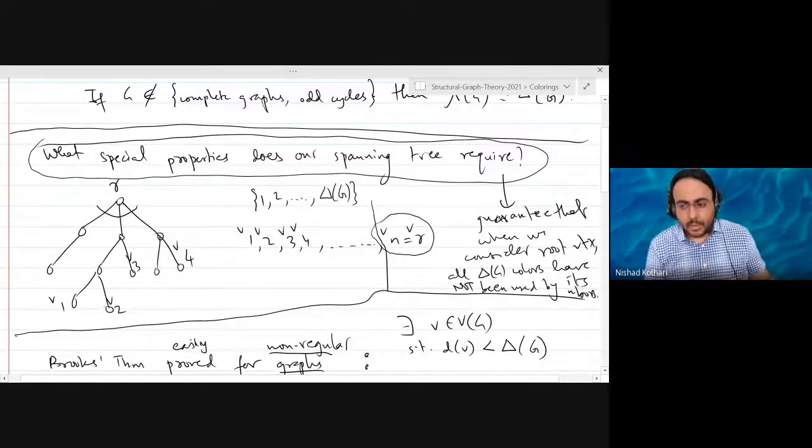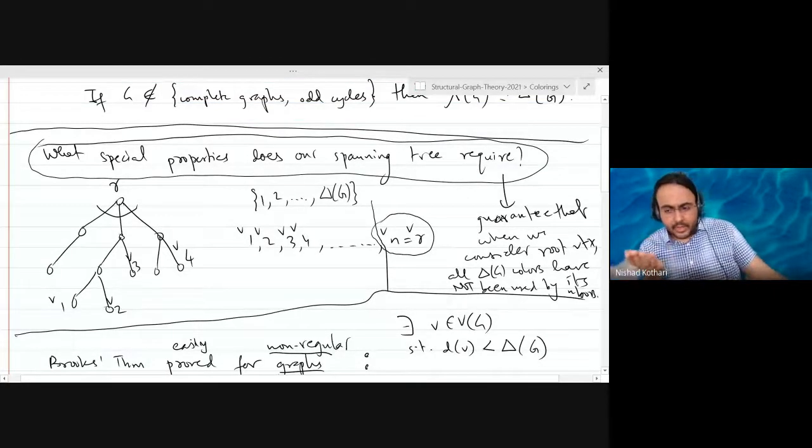Because the graph could be regular, we can't say that it should have less than delta neighbors. I mean, that we already know we are done, right? So it could actually have delta neighbors. It could be a regular graph, but we still want to make sure that all the delta colors are not used by the neighbors.